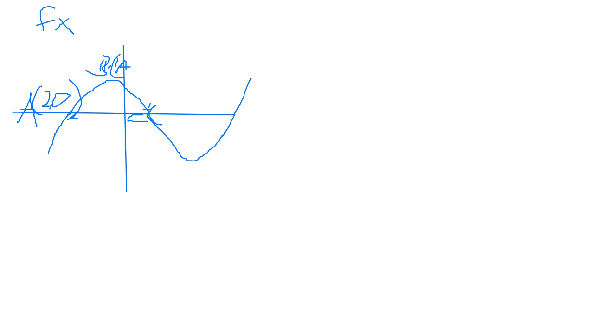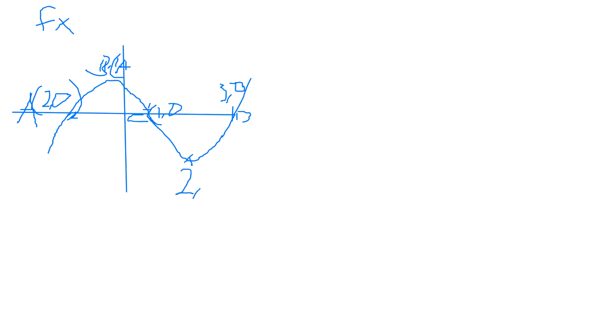C is (1, 0). Then I have one last point here which is D. It is (3, 0). Then I have a point in the middle here. It is (2, 6).